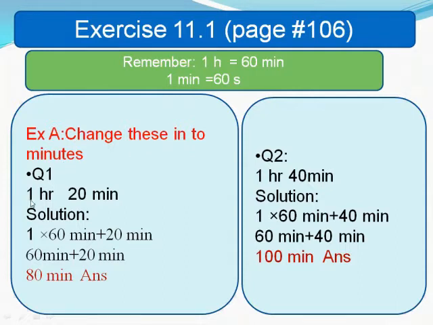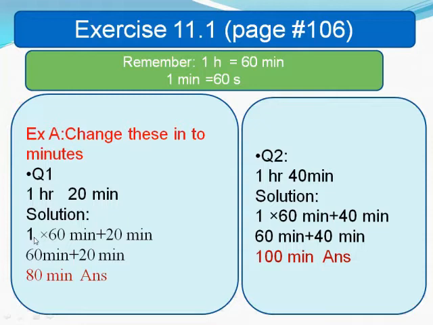The values given are in hours and minutes, but the question asks you to change these into minutes only. So we change only the hour into minutes, and the minutes are already present. 20 minutes is still present here, and this hour is converted into minutes.